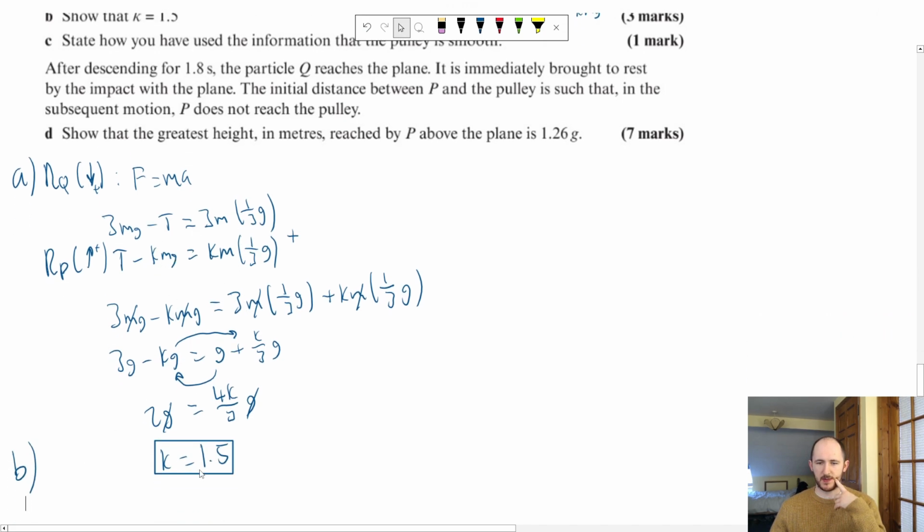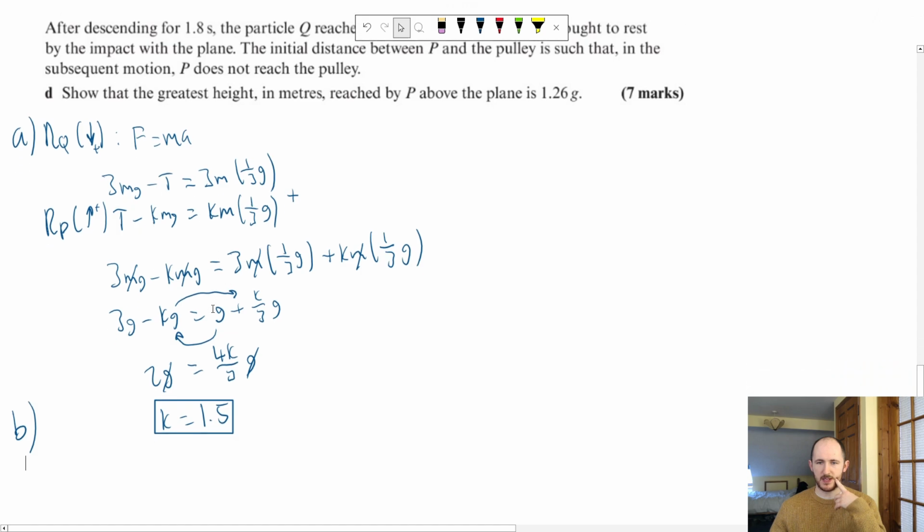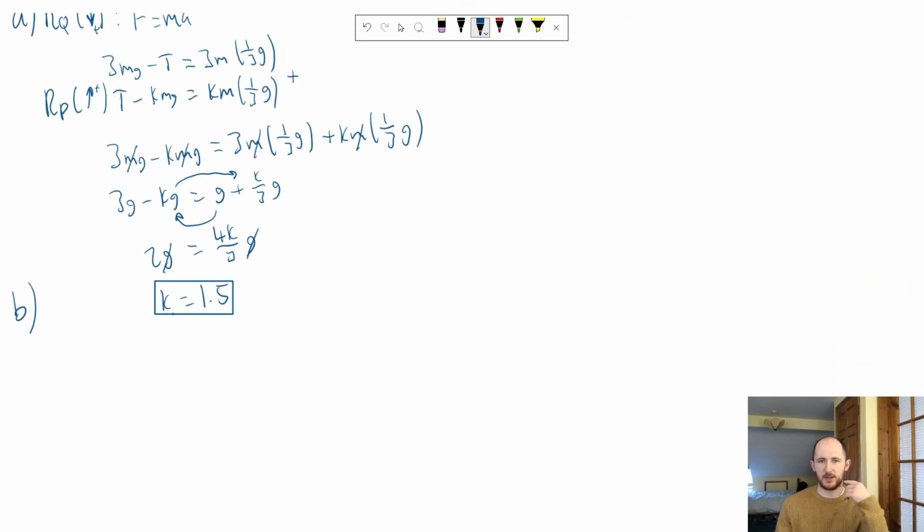So what I'm going to do is sub in the k as 1.5 into this equation, just so we have it. So T minus 1.5 mg equals 0.5. So we have 3 over 2 times a third, which would be 1 over 2 g.